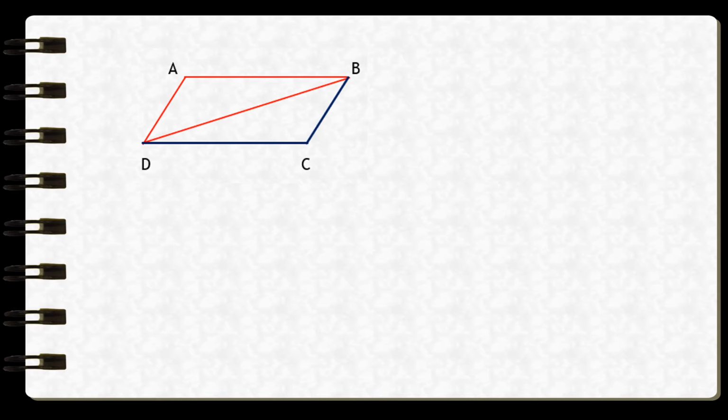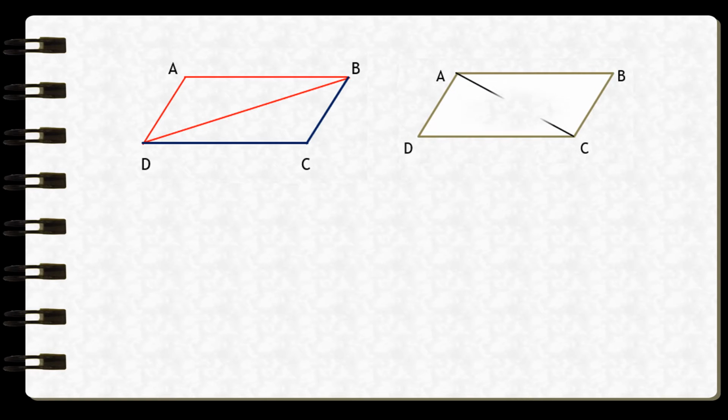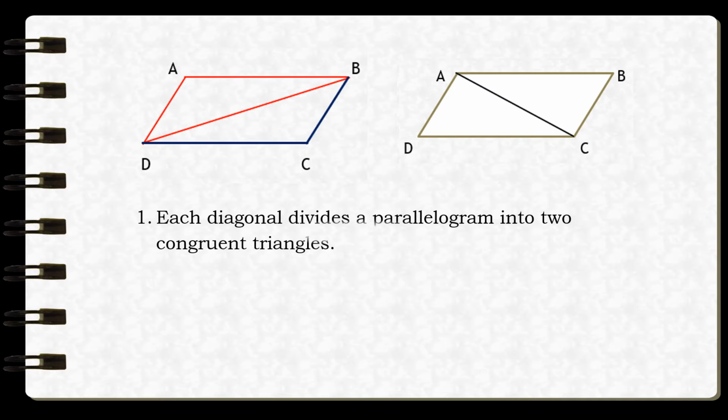Here in parallelogram ABCD, as you can see there, a parallelogram is divided into two congruent triangles. Also, in another parallelogram ABCD, it is also divided into two congruent triangles. So each diagonal there divides a parallelogram into two congruent triangles.